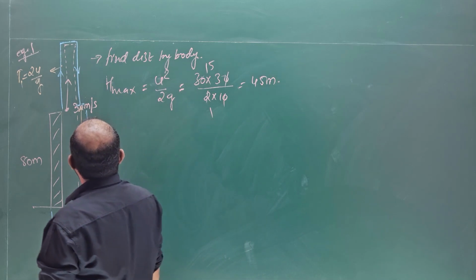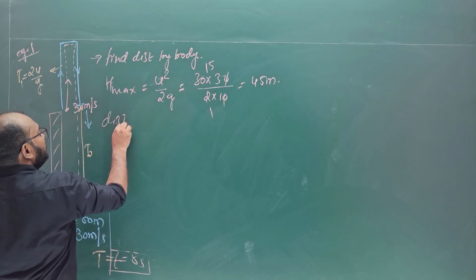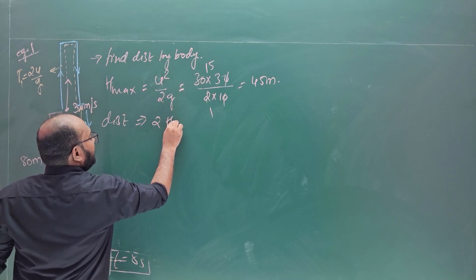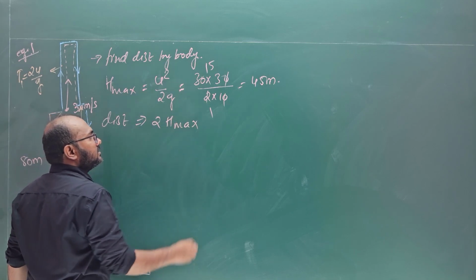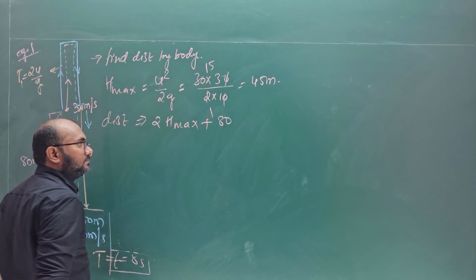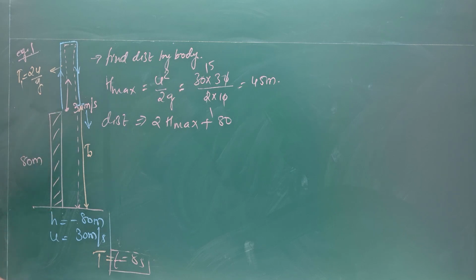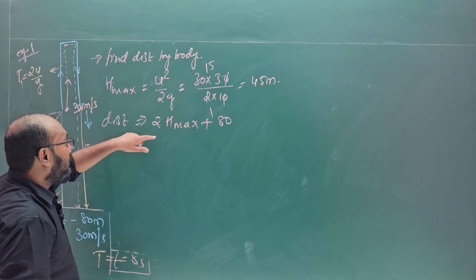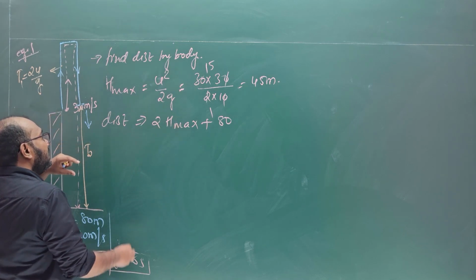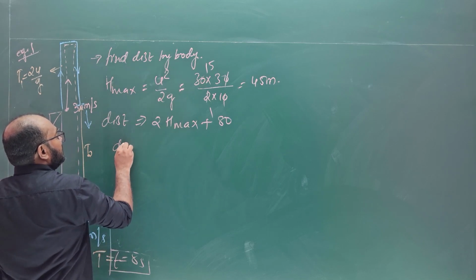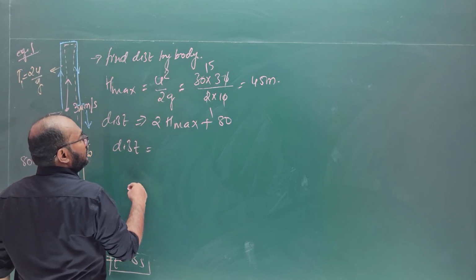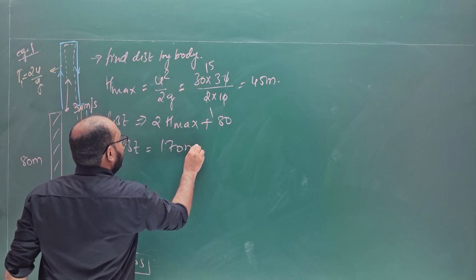Can I say that the distance the body traveled is nothing but 2 times h max plus this 80 meters, from here to here 80, right? So h max 45, 45 is 90, and 90 plus that distance, that is 80, so 170 meters.